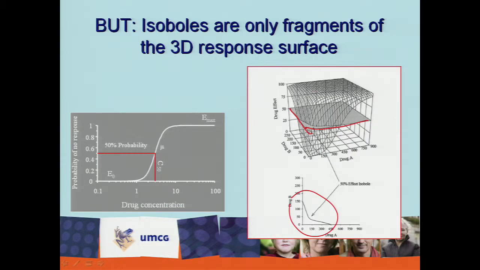And as Talmage and Steve a while ago wrote an editorial on, we are in California, so you have to surf the wave of the 95% isobol, which is up here. And this is the interesting point. And for us as clinical pharmacologists, it's of course nice to have an idea about the complete surface of interactions, because why should the interaction here be the same interaction as over there? You have to study this.